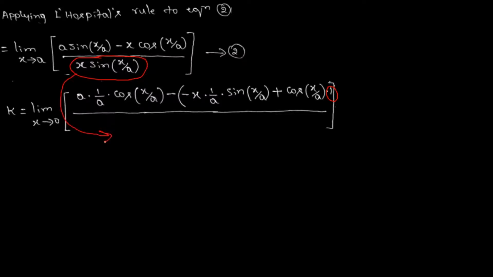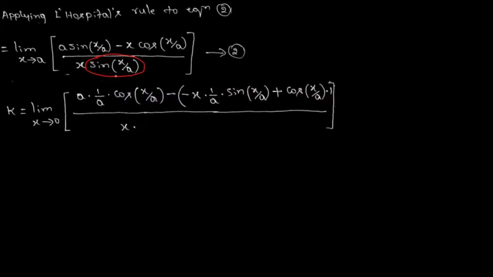Let us differentiate the denominator. Again, you can see to differentiate the denominator, you need to use the product rule. X is one function, sine of x by a is another function. So we write first function as it is, differentiation of sine of x by a.